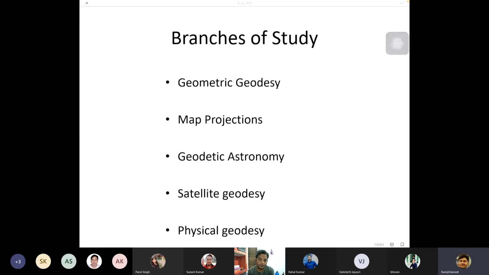One is geometric geodesy, which deals with the various kinds of coordinate systems. Another is map projections, that is, how a position in 3D is projected to 2D, considering the various popular map projections available.